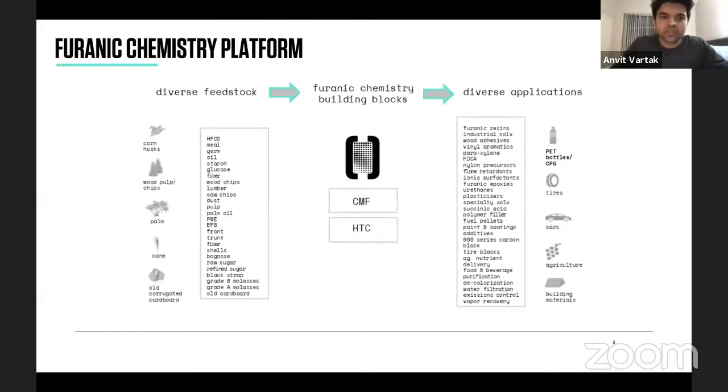Starting with a very high level overview of what is biomass as a feedstock. Biomass is anything that comprises of renewable resources that you see around us, that's made out of a hydrocarbon. So any food related items, any wood or trees related items are classified as biomass, or anything that's made from those items is also classified as biomass, as I've marked here as old corrugated cardboard, which is a lot of this cardboard that's used for packing and everything, and then we just throw it away as waste once we are done with it.